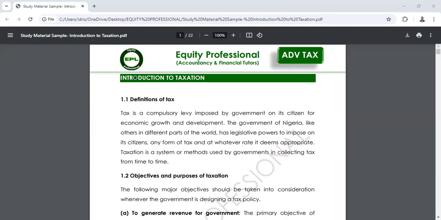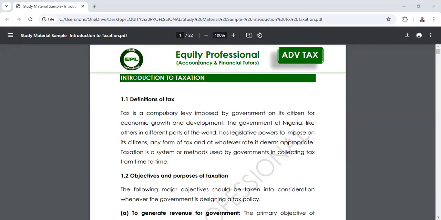for the rest of the diet, I'm going to talk about introduction to taxation. After that, I will talk about multiple taxation. I'll also talk about stamp duties. From there, we'll move to personal income tax, then partnership assessment, then taxation of trustee.